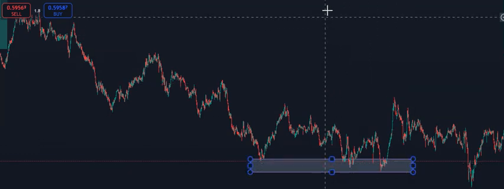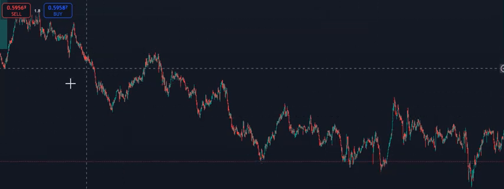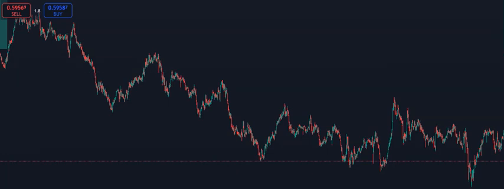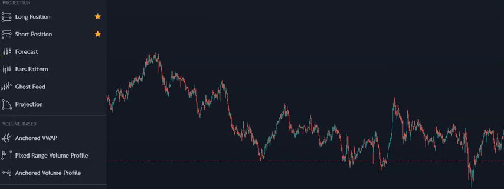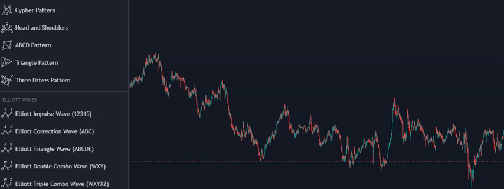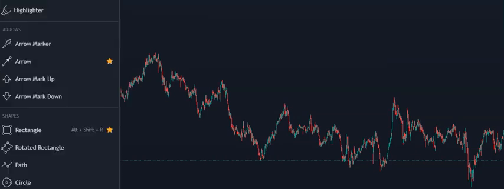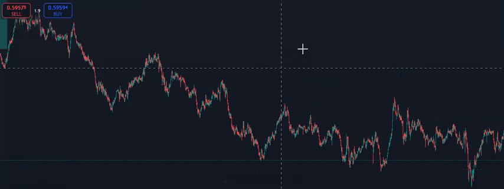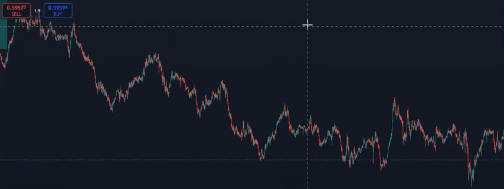And there are other ones too, which are the double bottom and the double tops. So with that, price makes a low, and then it's something like this.